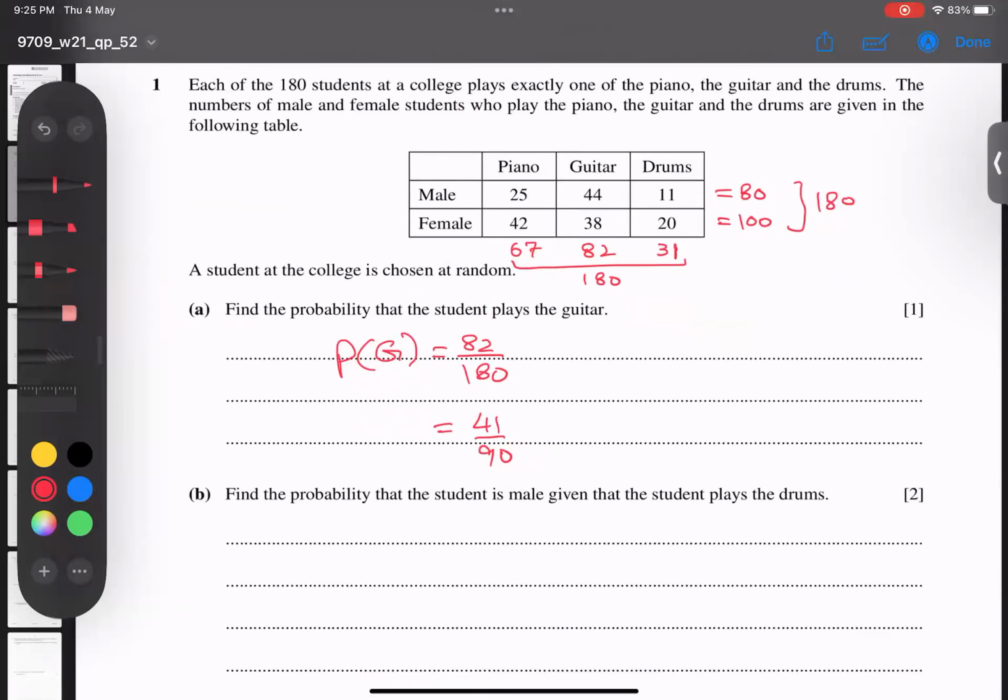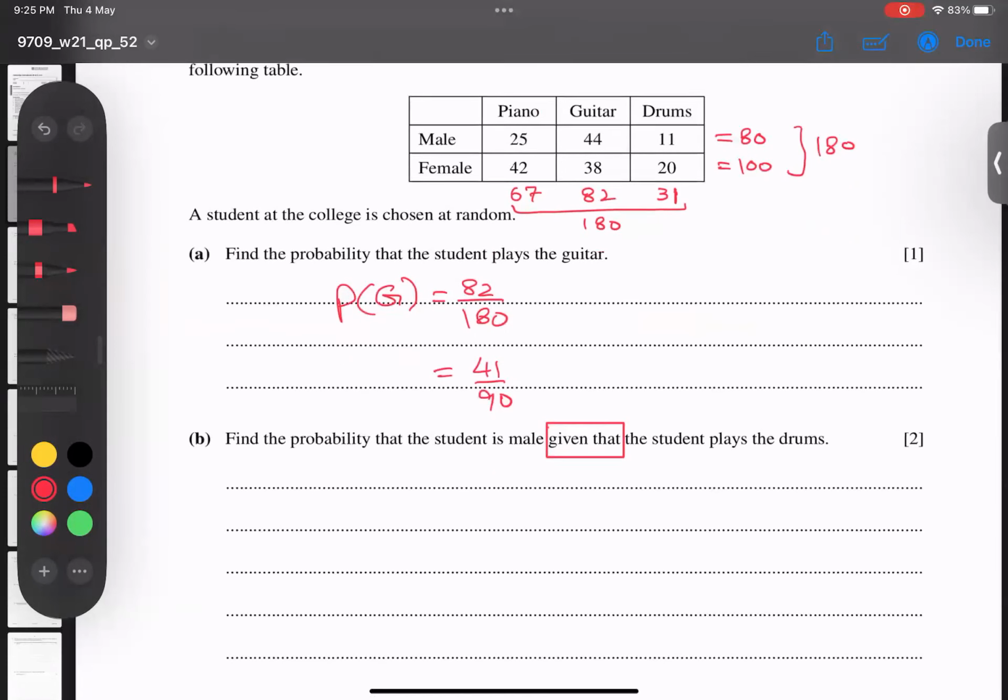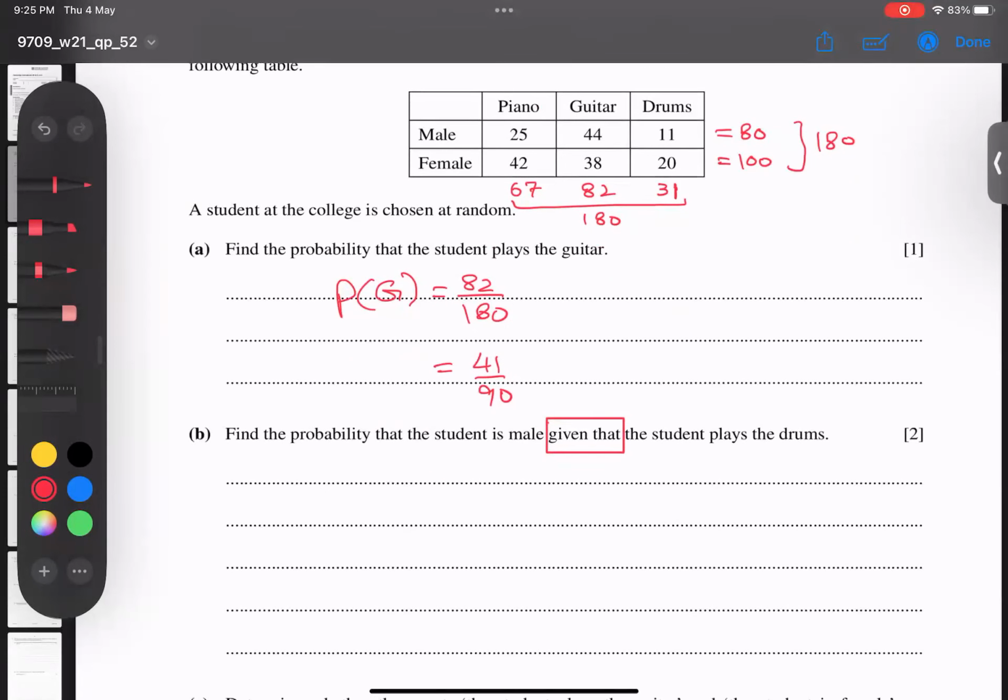Second part, the probability that the student is male, given that the student plays drums. Whenever "given that" comes, it expresses that we are doing conditional probability. If I take M as male and D for drum, the question is male given drum. The technique is that after "given that", whatever probability comes goes in the denominator.